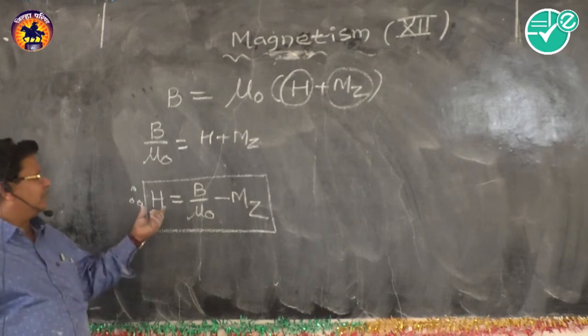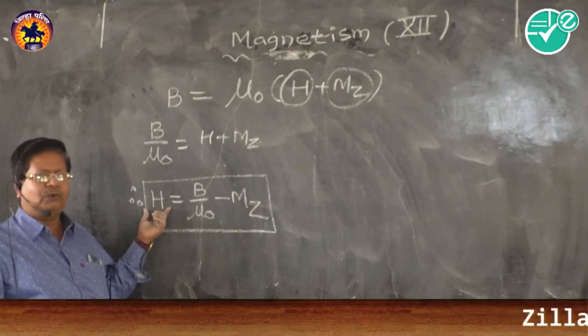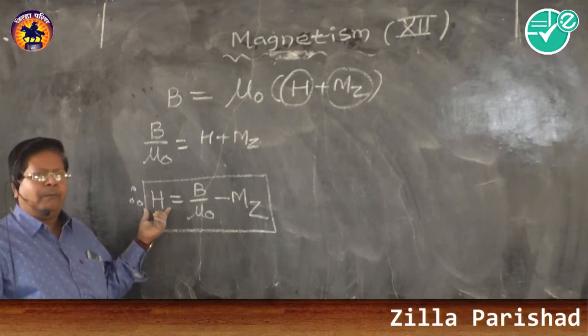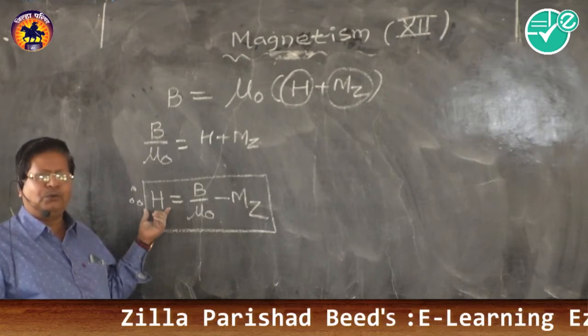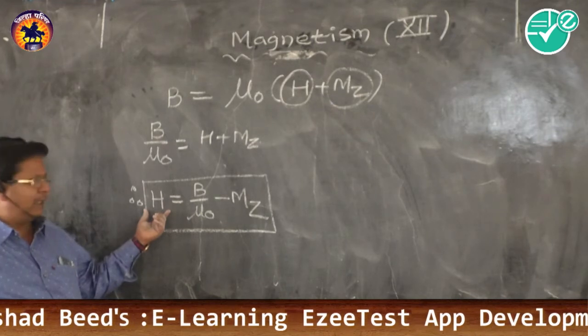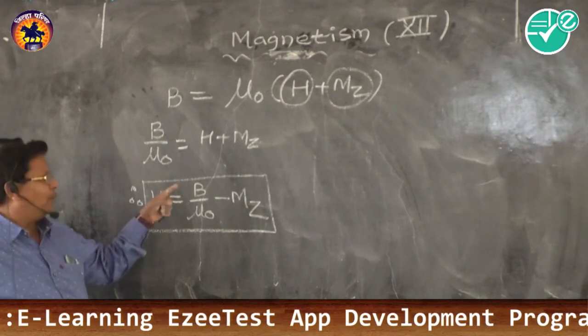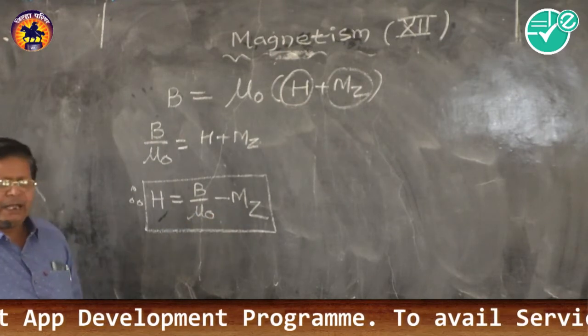So magnetic intensity is equal to N into I, which is equal to B divided by mu. In the similar manner, H is equal to B divided by mu 0 minus Mz.